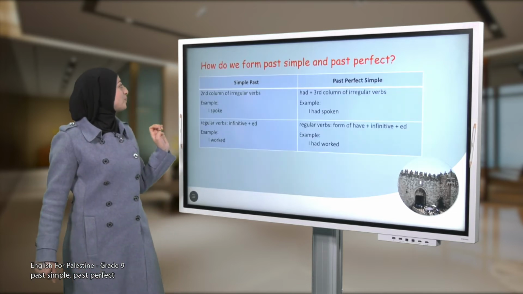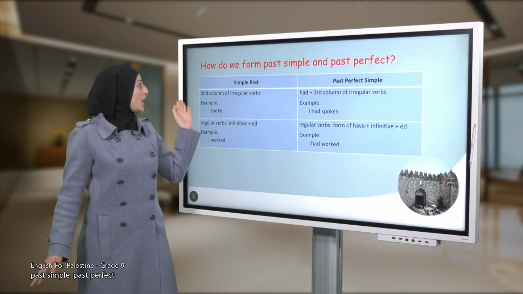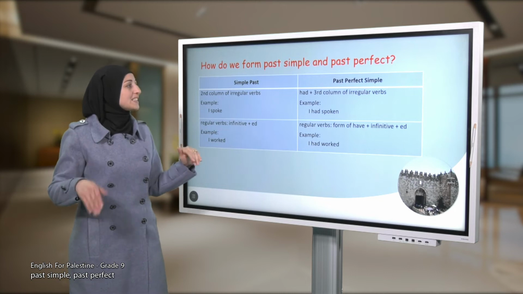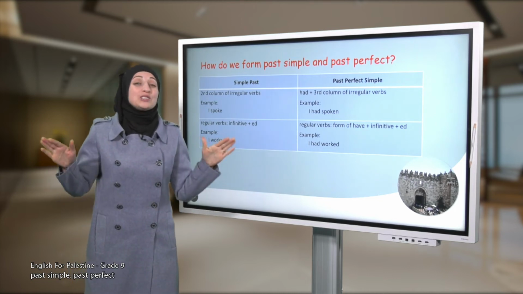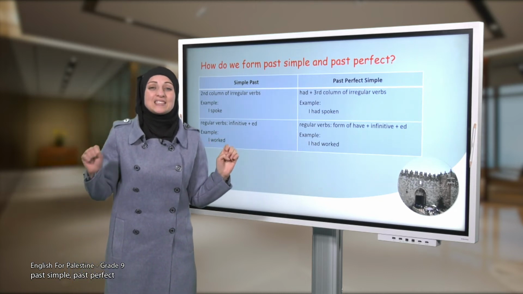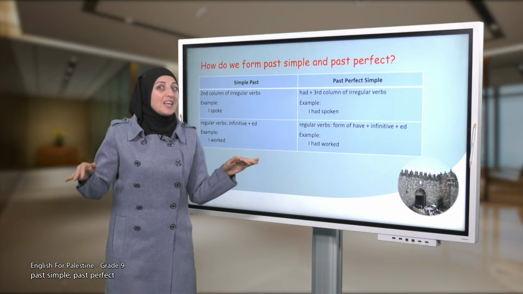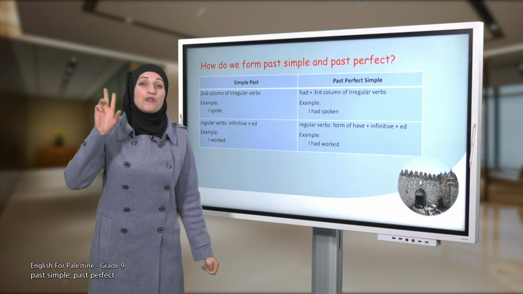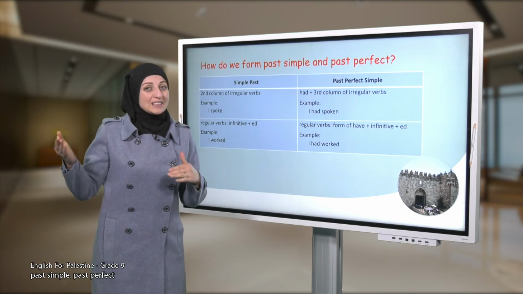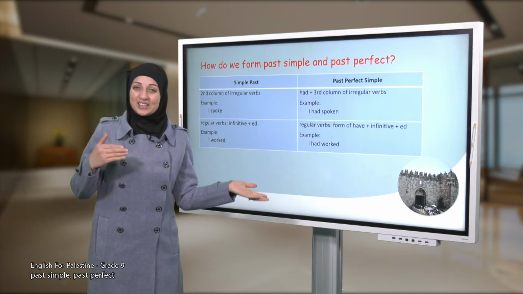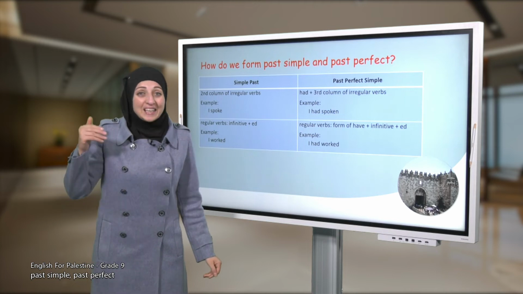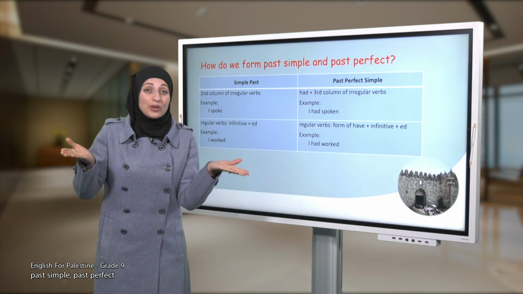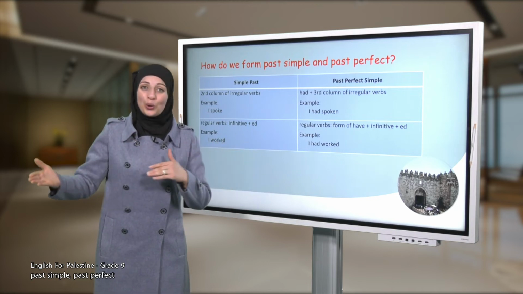Let's continue. Now, I will ask myself this question: how to form past simple and past perfect? We talked about forming past simple tense, which is a finished action in the past. We said that we use verb 2, whether it's regular or irregular: regular verbs with ed, and irregular verbs where we change the whole verb, like break, broke.